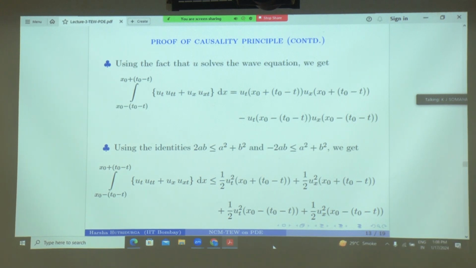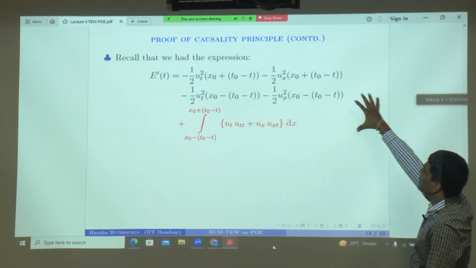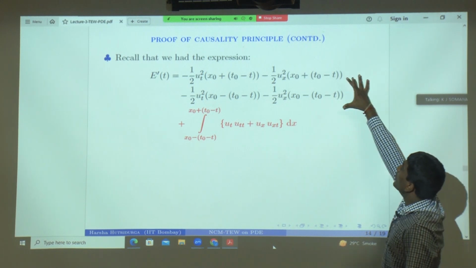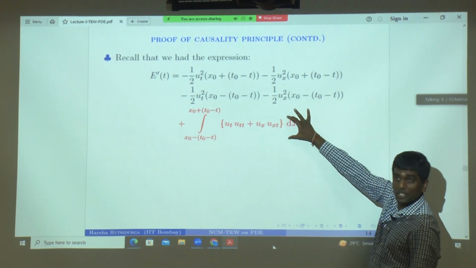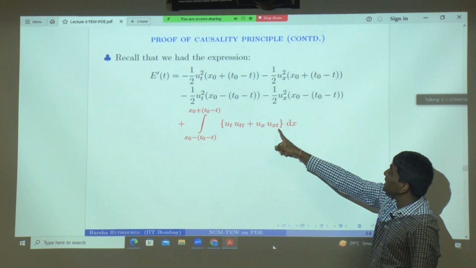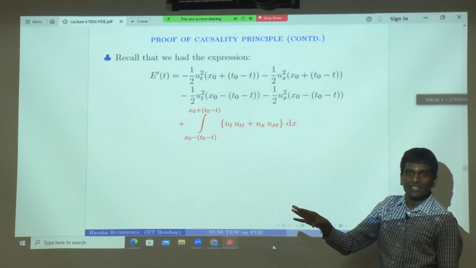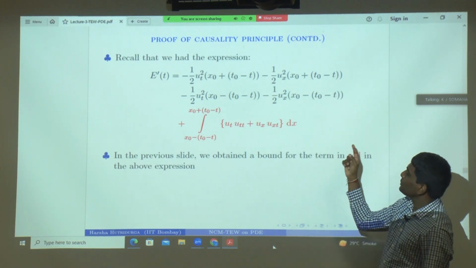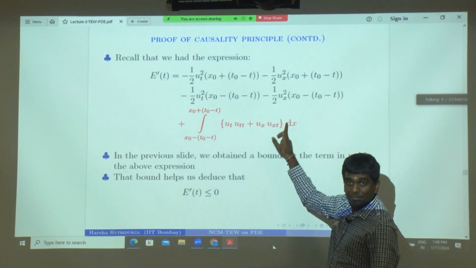So if we go back, this is what we had. When we differentiated E, we got those two boundary terms from the Leibniz integral rule, and then there was this integral term. And we did an integration by parts in this integral term and got rid of the integral term altogether, and we got an inequality.